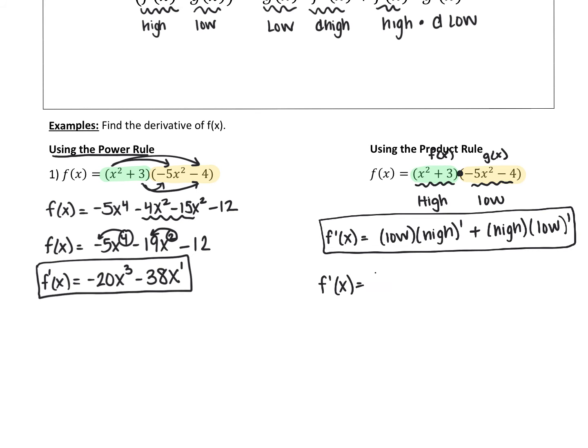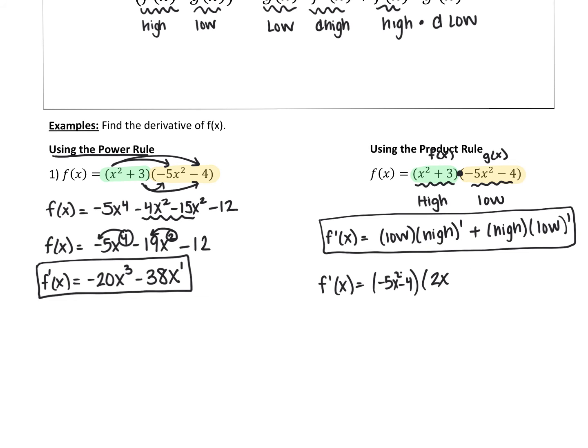So we're going to take the low function, which is negative 5x squared minus 4. So that's low. Now we're going to take the derivative of high, d high, or high prime. So the derivative of this function: x squared, the derivative of that is 2x, and the derivative of this constant 3 is 0.